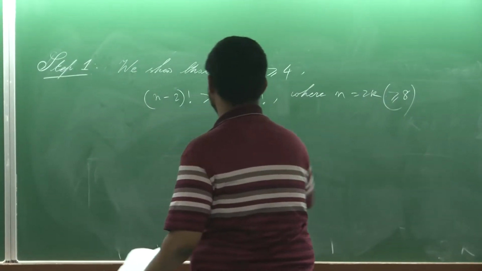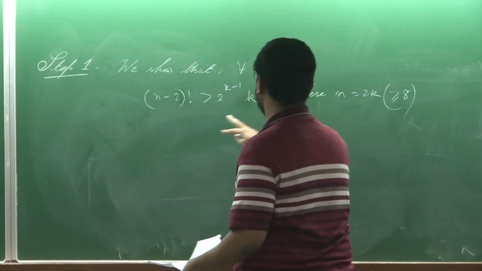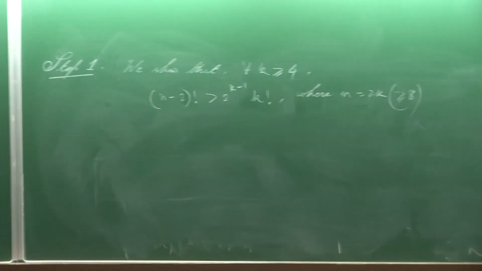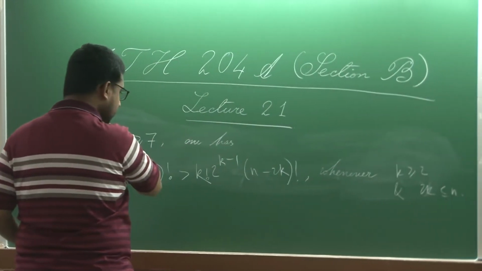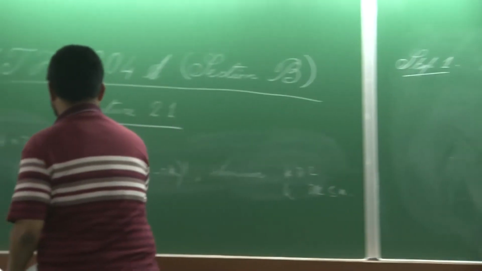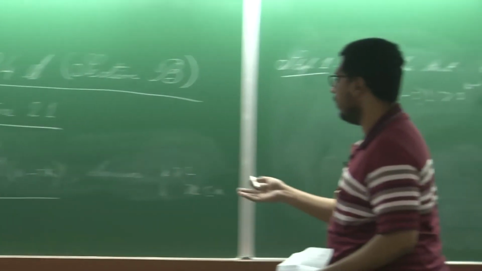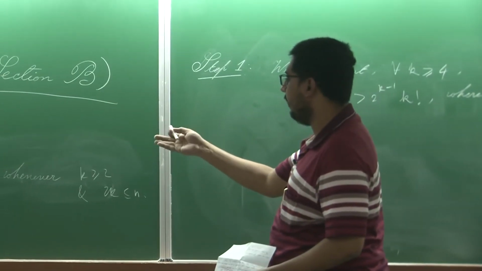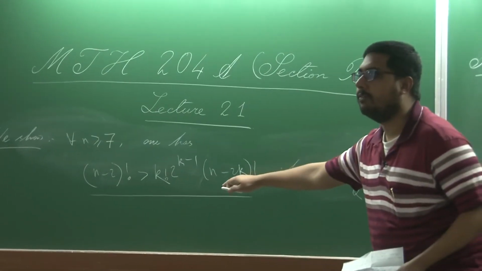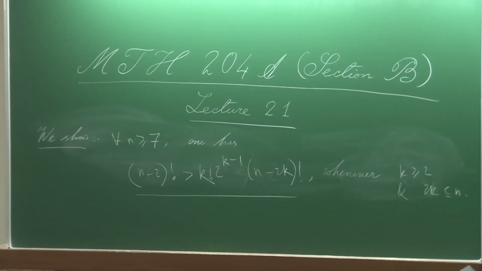So here we only cover those n's which are of the form 2k. That's what I was saying, that once we can settle this, then we prove this inequality for all even n with k half of that n.